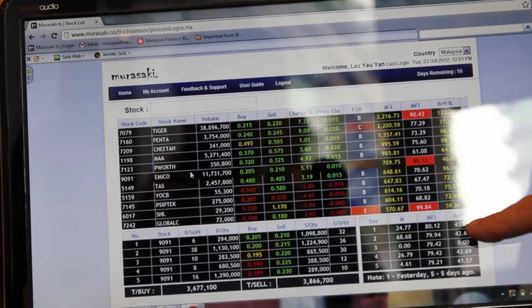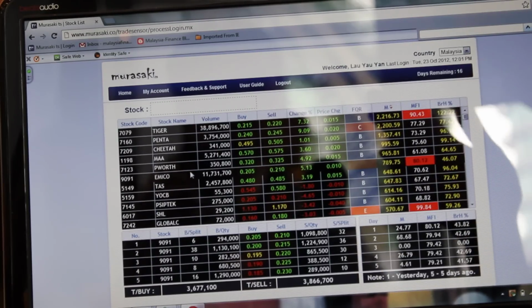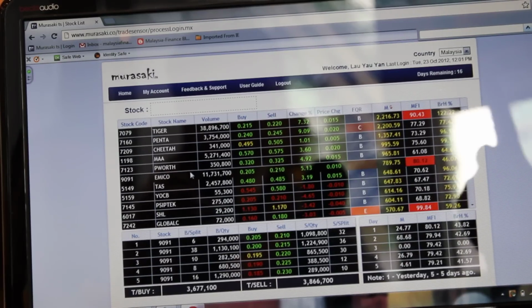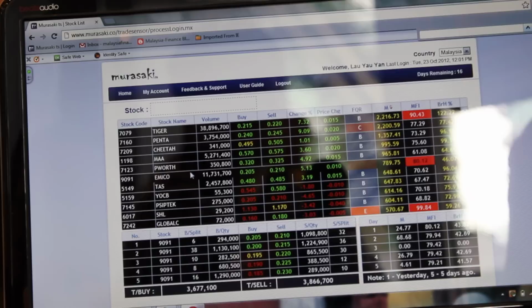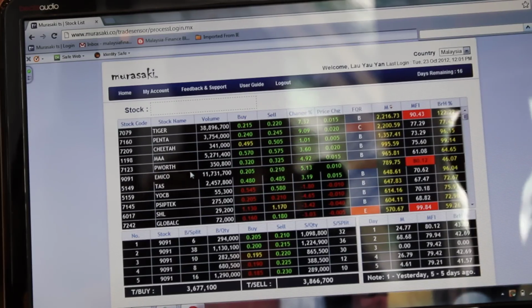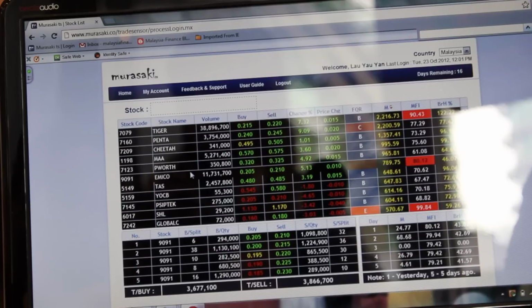When this kind of stock is more than 40 to 60% away from the high, first of all, it tells you that within the last 12 months, they have whacked the stock very high. And now it's come all the way down.